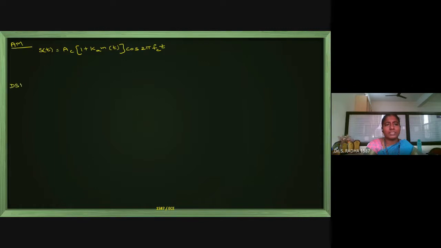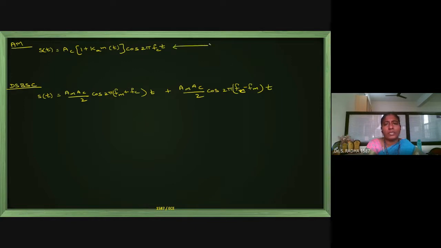If we take the DSBSC modulated signal, we had the equation AmAc/2 cos 2π(Fm + Fc)t + AmAc/2 cos 2π(Fc − Fm)t. Fc will be the higher value, so I will write Fc − Fm. This is multi-tone modulation.